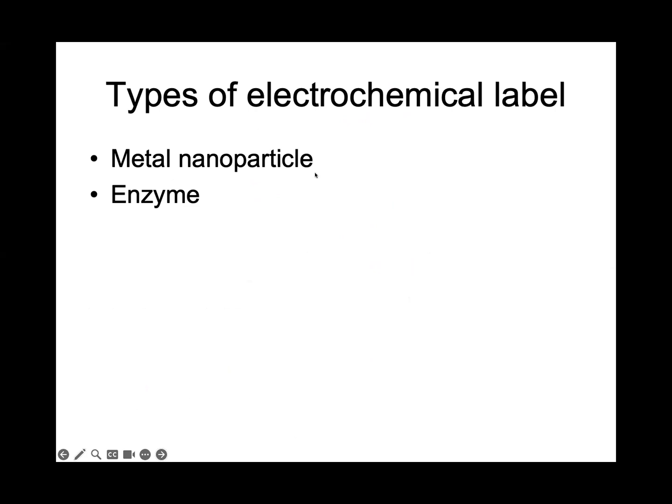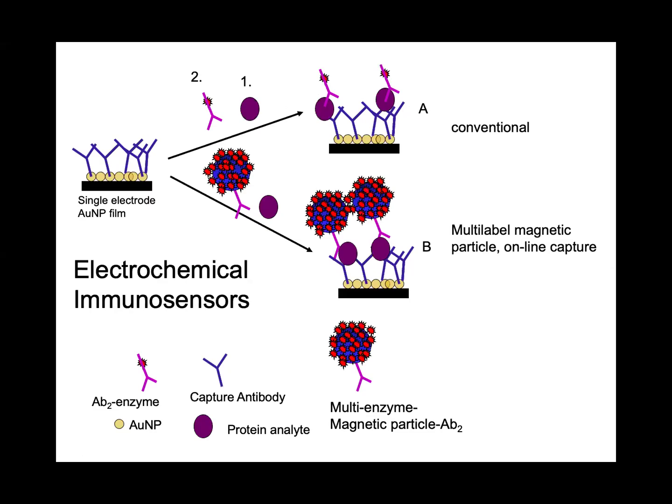You can attach, okay, let me go. Here is what we call the capture antibody. I hope that you can see. This is the capture. And then the purple one is the analyte, or the antigen, or the virus or the bacteria that we want to detect.